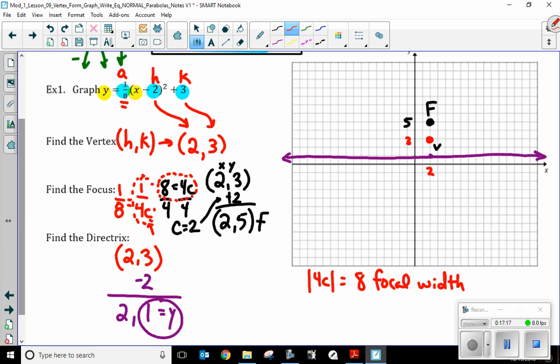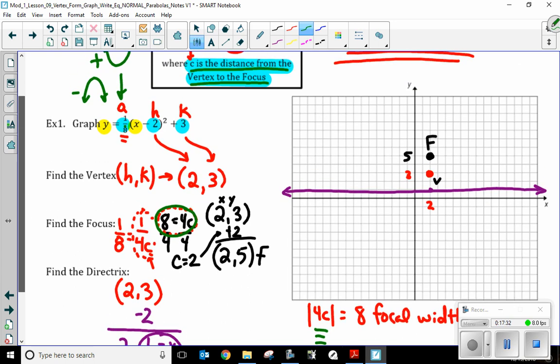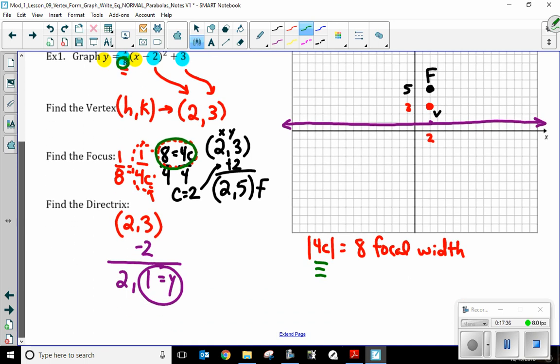That is how wide our parabola is right at the focus. Let me say that one more time. The absolute value of 4C, and we know 4C is 8. Guess where it is? It's right here. 4C is what we call the focal width. That's how wide our parabola is at the focus.